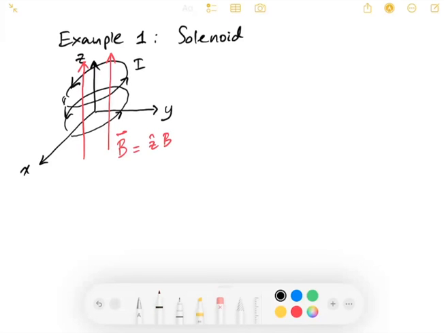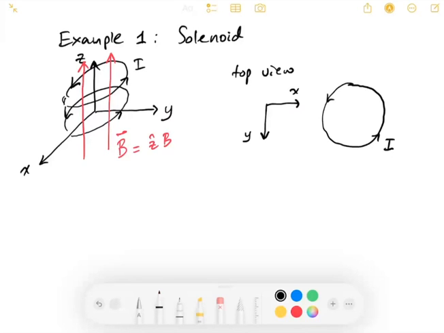And let's draw also a top view. So X, Y. So we're looking down on it. Oops, let's actually draw this as an actual circle. Surprisingly difficult. Okay, so current goes in this direction. And the magnetic field is pointing at you.